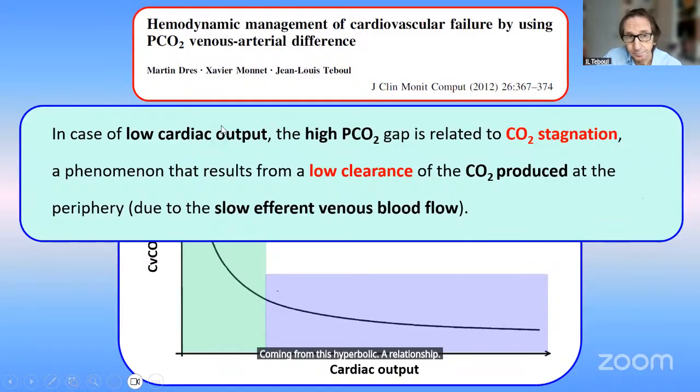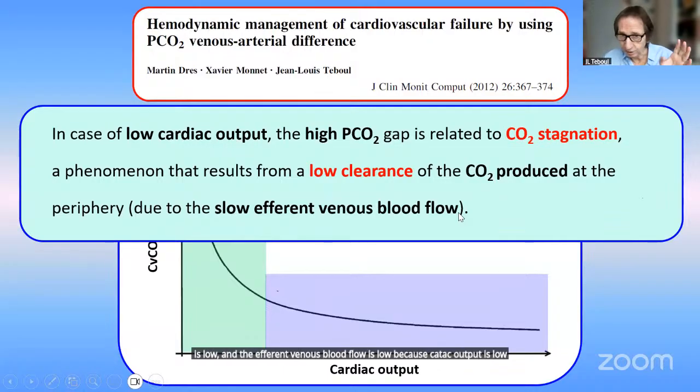So why? Because physiologically, in case of a low cardiac output, you have what we call a CO2 stagnation phenomenon that results from a low clearance of the CO2 produced at the periphery. If you have a low cardiac output, there is an accumulation of CO2 at the periphery because the efferent venous blood flow is low, because cardiac output is low.